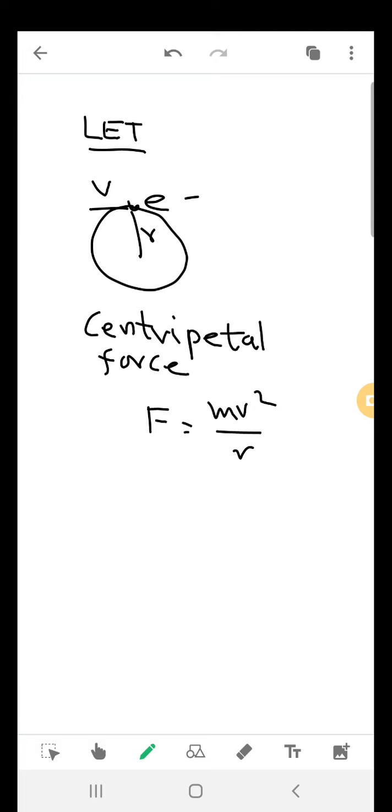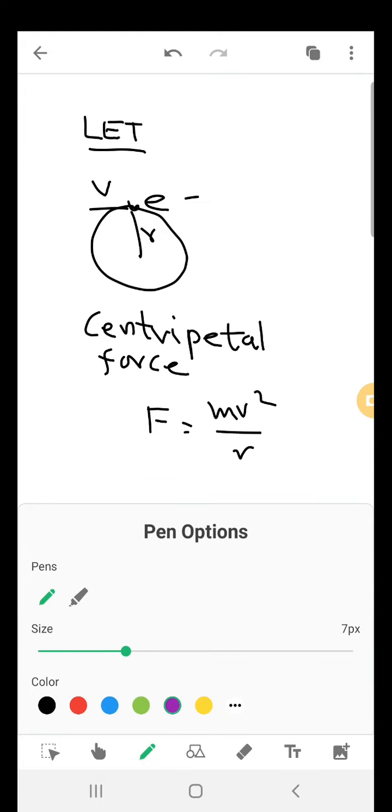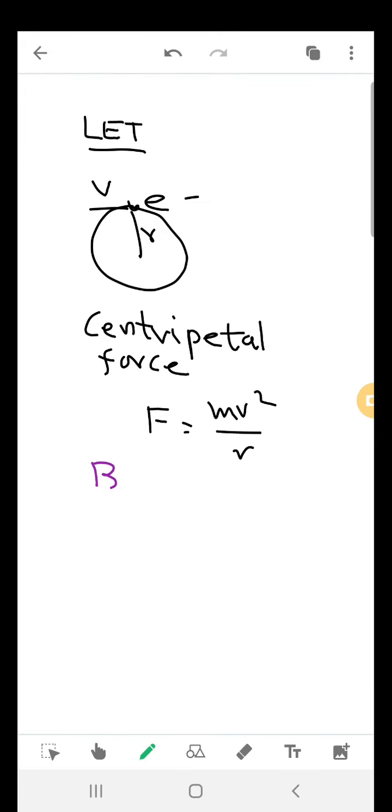Now, if we apply an external magnetic force directed perpendicular to the direction of motion of the electron, perpendicular to v, we get an additional force.